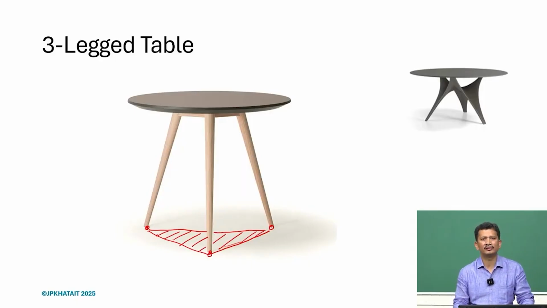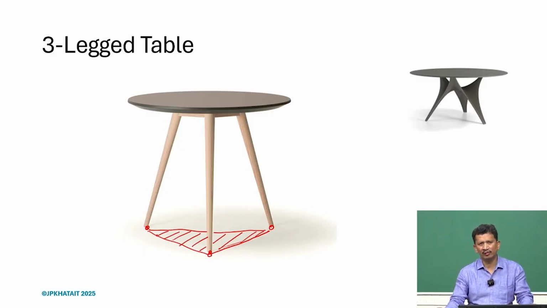So wherever we put this table on any surface, we always define a plane surface on the ground and also a plane passing through the 3 contact points on the table, and these 2 planes are always conformal, and that's the reason they don't rock, they are stable.